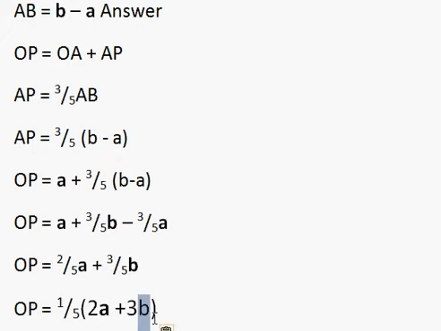And if I was to check my answer and multiply this out, 1/5 times 2a would give me 2/5 of a, and 1/5 times 3b would give me 3/5 of b. And there's my answer. I've done it.